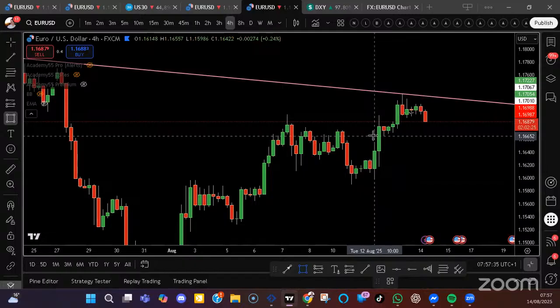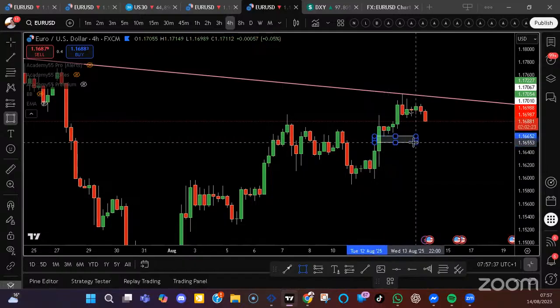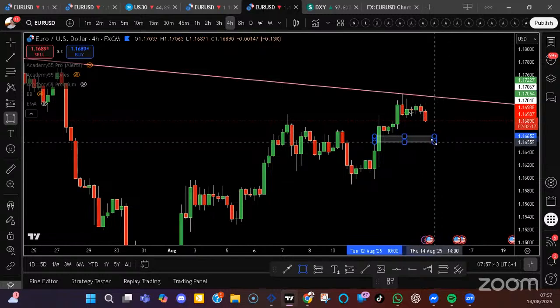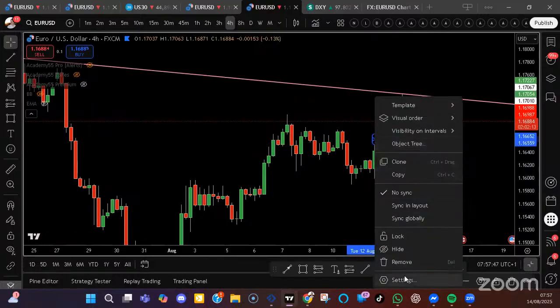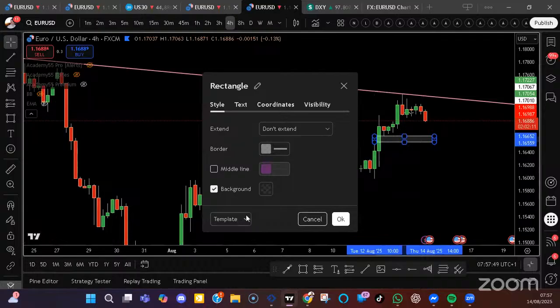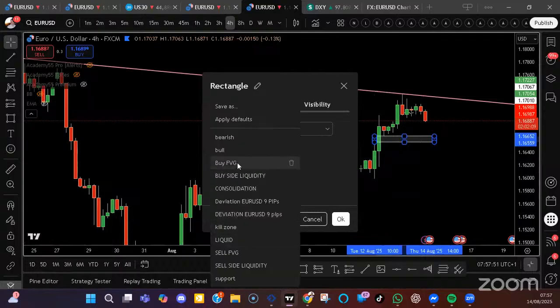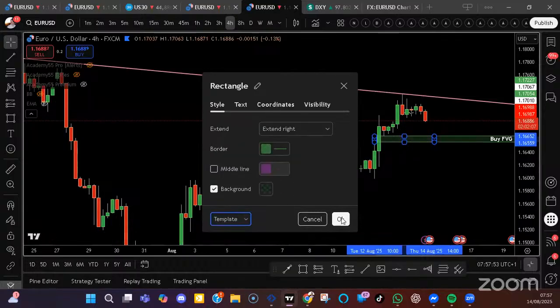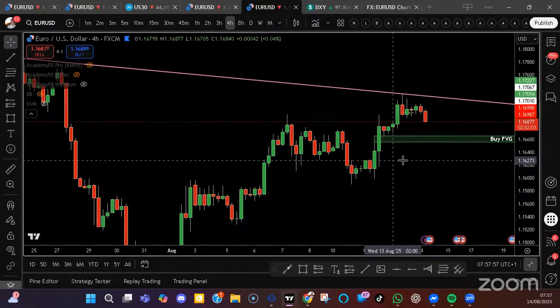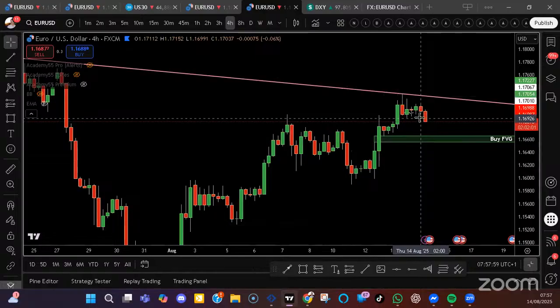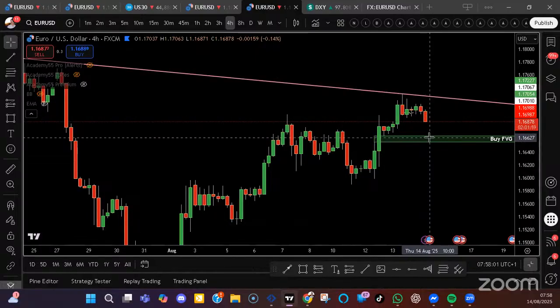But we've got imbalance here, just a tiny bit of imbalance. And I'm going to get the right box. It's a buy FVG, fair value gap, same thing. Fair value gap equals imbalance. And as you can see, is price going down to tap into this imbalance?